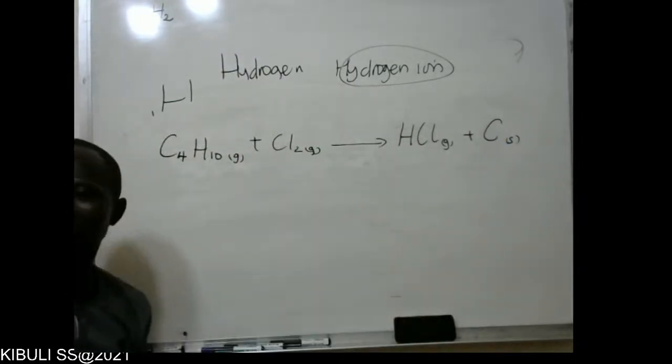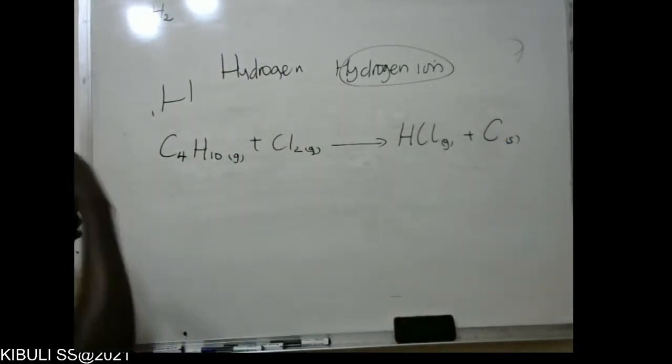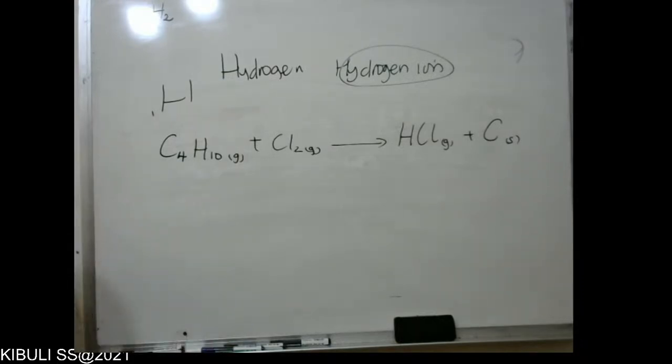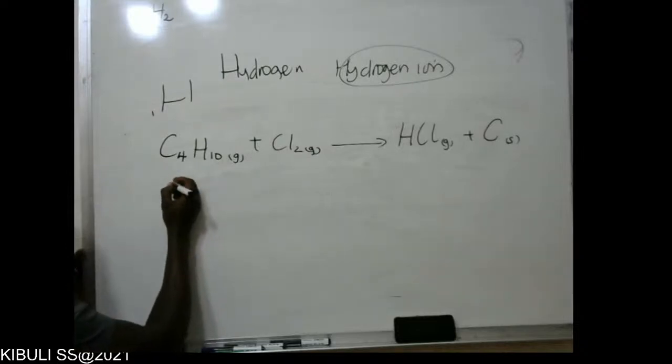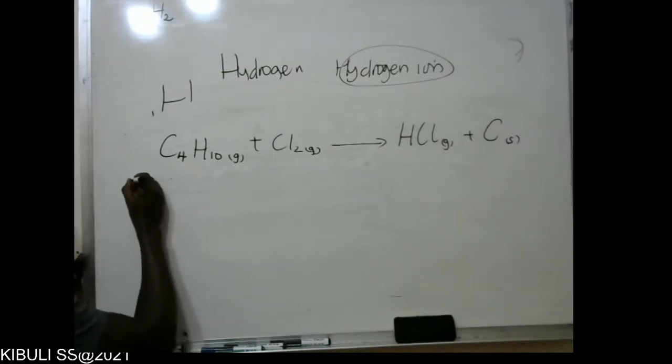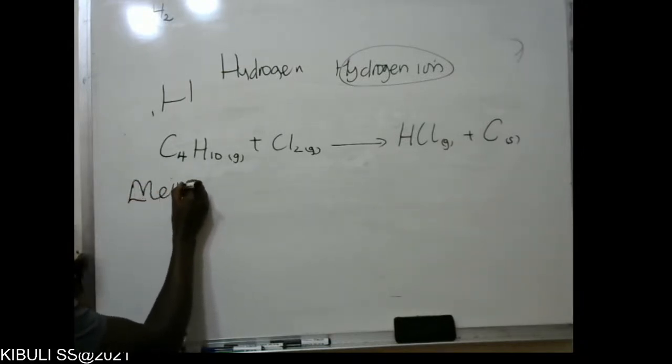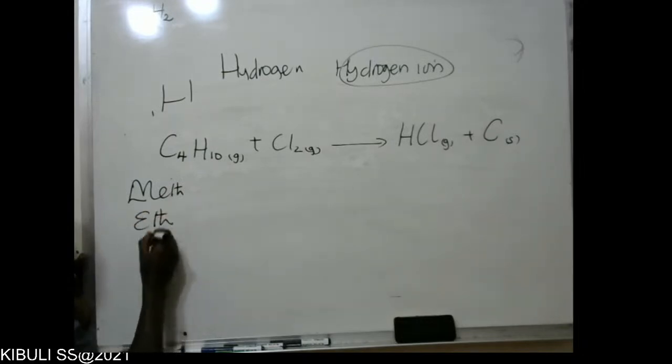Reduction has taken place. Now, they can confuse you with so many compounds, calling them very complicated names. Organic chemistry. What is the name of this compound? 4 carbon atoms. We said meth is 1 carbon atom. Eth is 2. Prop is 3.